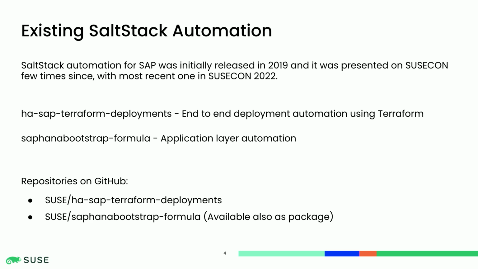We have the HA SAP Terraform deployment, which is an end-to-end deployment automation using Terraform that can deploy servers in public and in private cloud. It can also prepare file systems, install the SAP system, and so on. Then we have the SAP HANA Bootstrap formula.